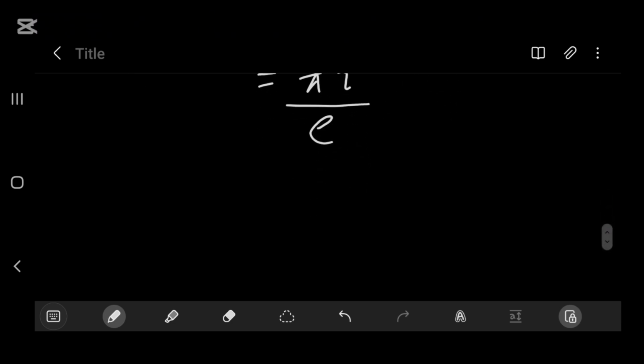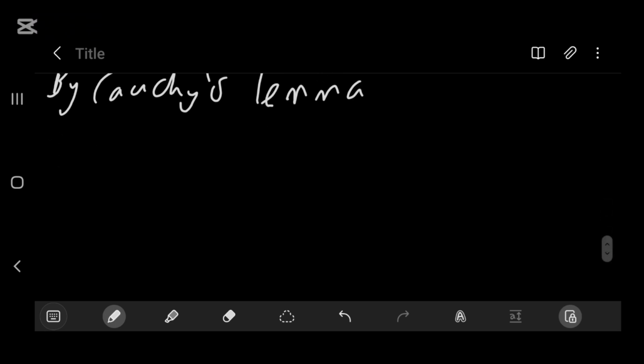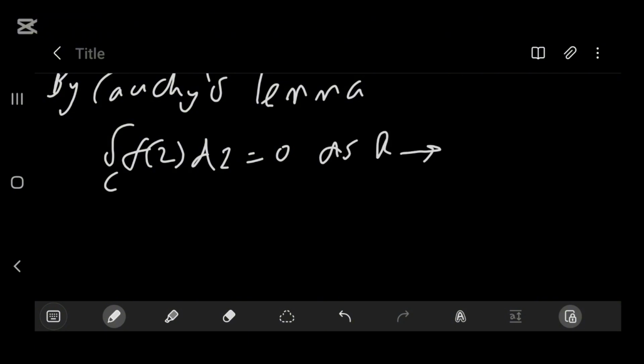Now by Cauchy's lemma, the integral over the curve C1 of f of z dz equals 0 as R approaches infinity.